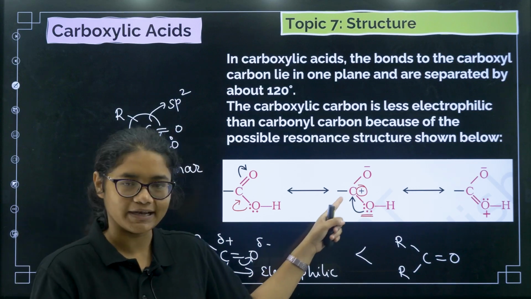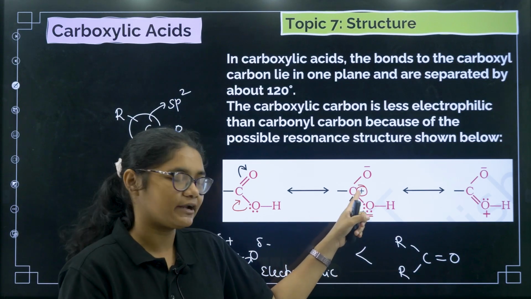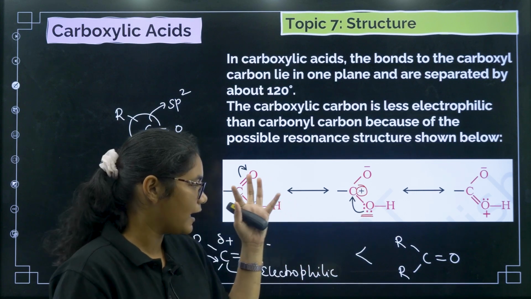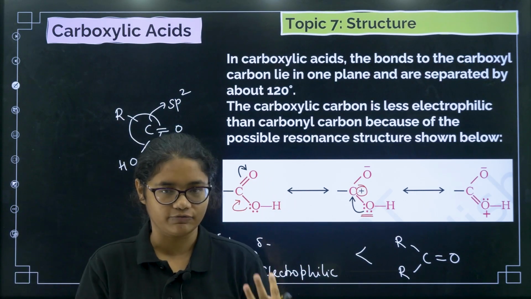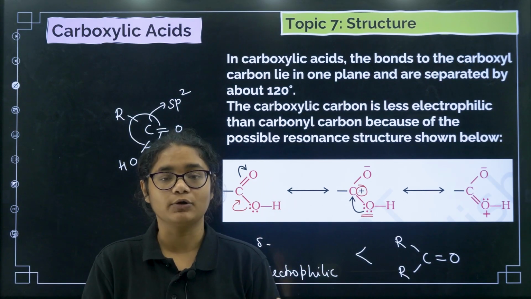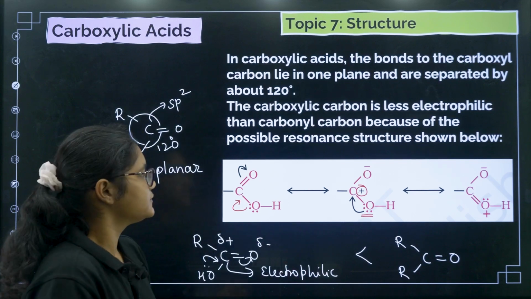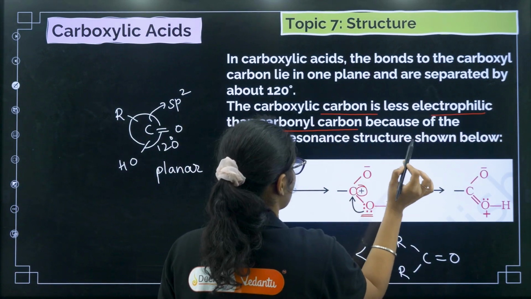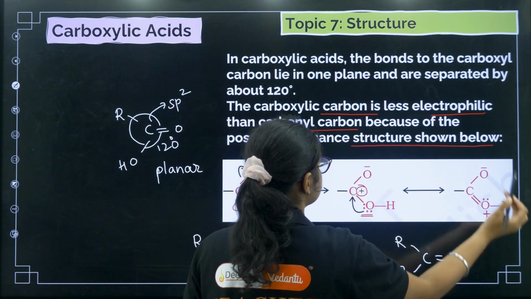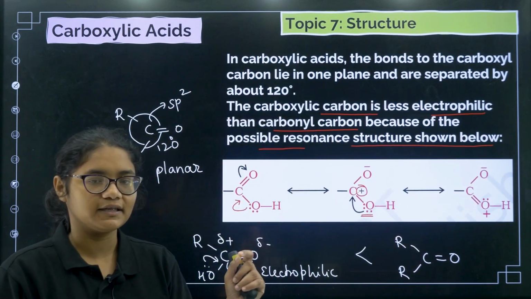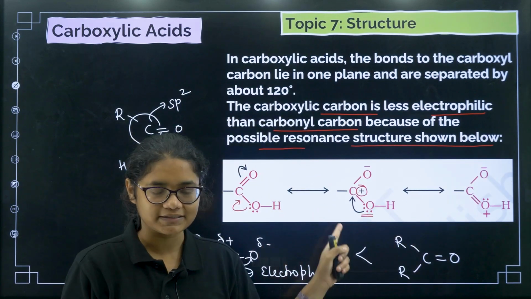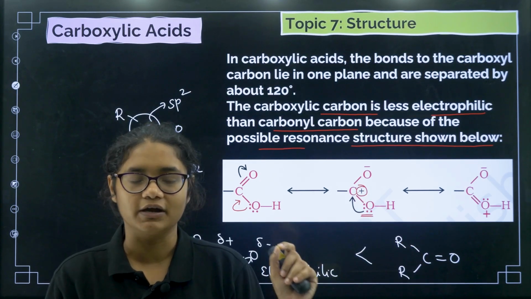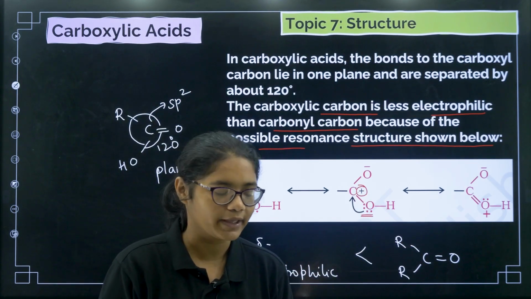This oxygen is donating electrons, so the electrophilicity of this carbon will reduce. That is why acids are less electrophilic as compared to ketones and aldehydes. Carboxylic acid is less electrophilic than carbonyl compounds because of the possible resonating structures. Oxygen being adjacent donates the electrons here, as a result of which the electrophilicity of the carbon is reduced.